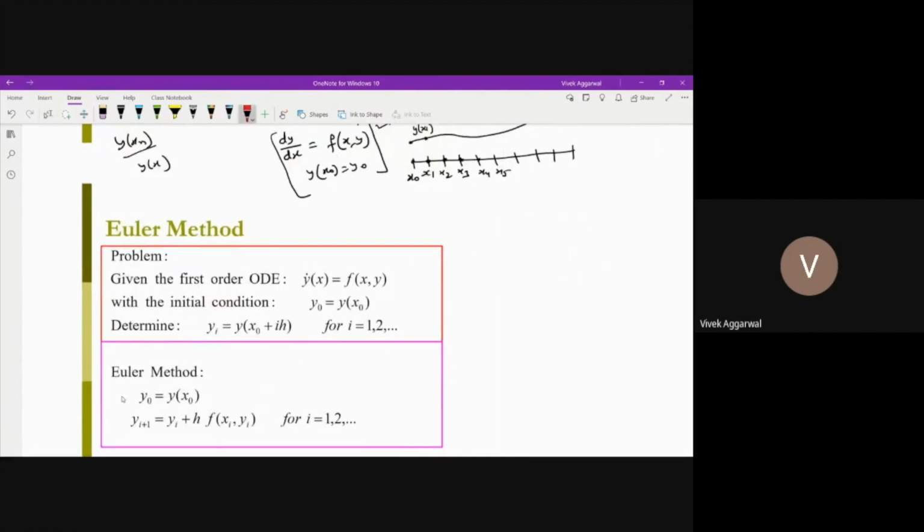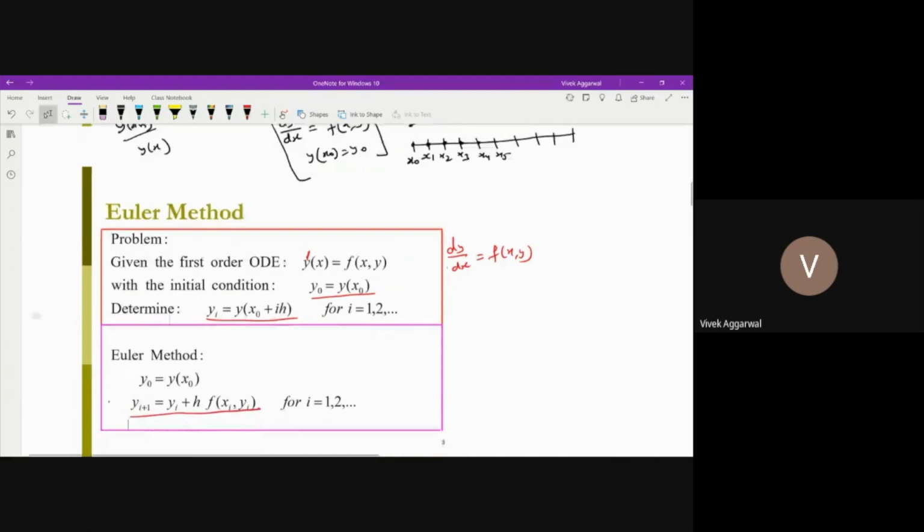So we have a first order ODE. This dot means derivative with respect to time, or maybe you can write y dash. So I have dy by dx is equal to f(x,y), and this is an initial condition given to me. Then this Euler method gives you this.